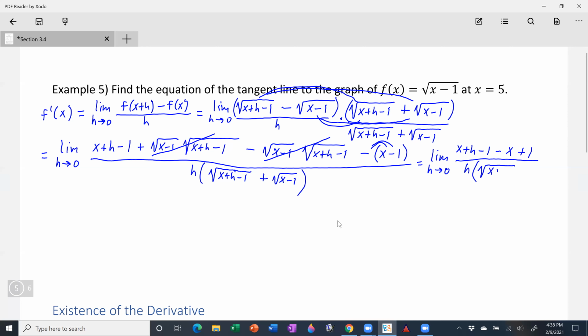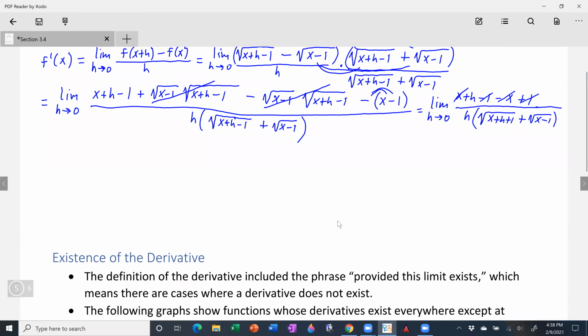All of this stuff down there still. There should be some pretty nice canceling: plus x and minus x, minus 1 and plus 1. All that's left on top is an h.